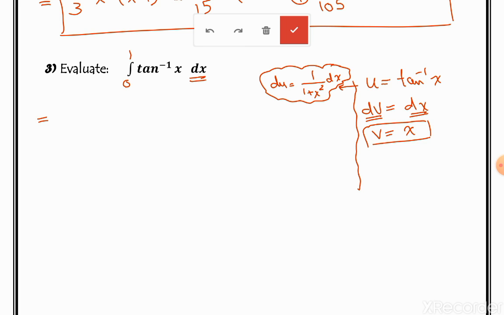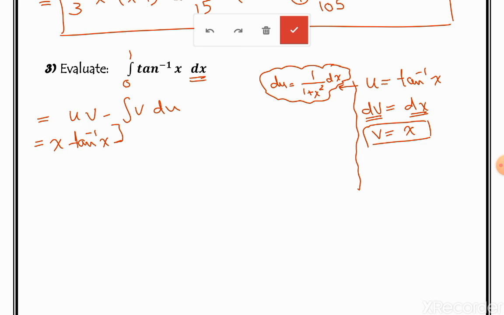So here let's substitute in the formula, which is uv minus the integral of v du. Now what's the u? The u is tan inverse of x, and v is x. So I'm going to write first x tan inverse of x, which is u times v.